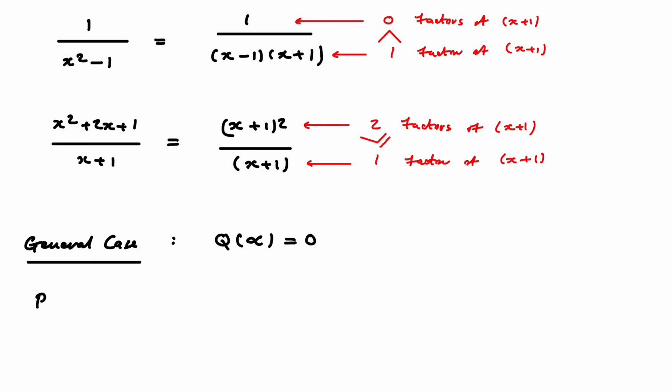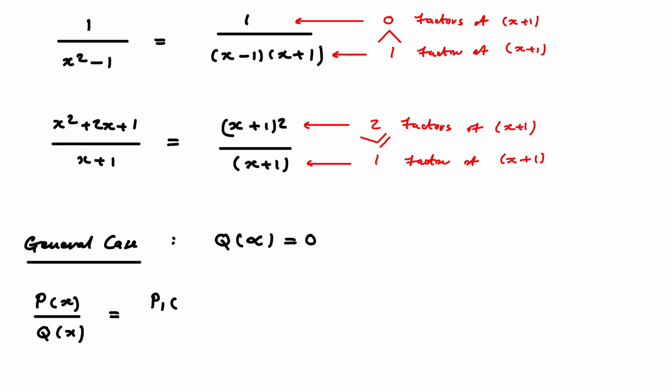We take p of x over q of x and factor x minus alpha out as much as possible. Again, this could be very difficult in general; you'd have to do long division, all that kind of business, but that doesn't matter. We're trying to understand the theory here, what the general shape is. Don't think about computation at the moment; think about what the story is.